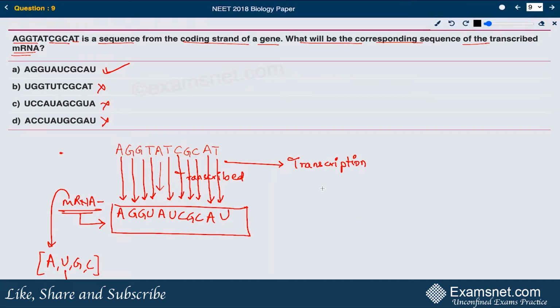So definitely these three will be incorrect. All right. Because the coding strand and the mRNA have the same nucleotide sequence. Remember this. Here it is asking about the coding strand.